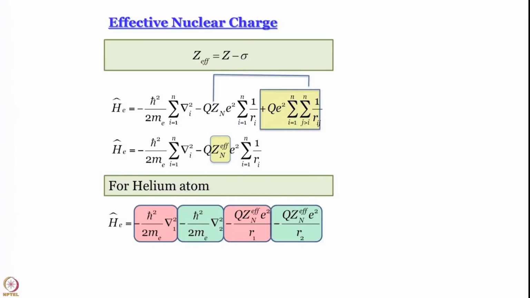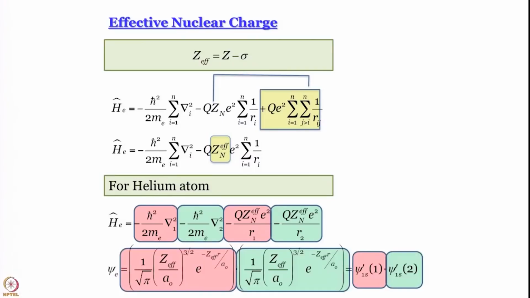So for the helium atom, this is going to be the Hamiltonian, and your wave function is going to be something like this. Remember, the wave function will also change. The change is that these are 1s wave functions. For helium 1s wave functions will be used, but look at this, e to the power minus Z effective r. Look at the constant Z effective by a0. What does that mean?